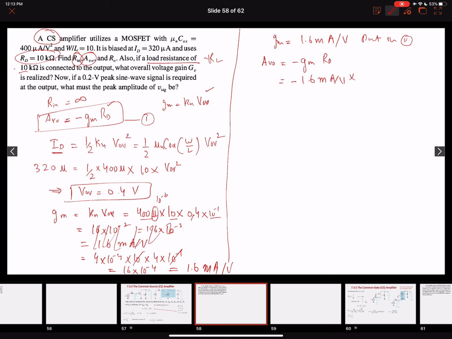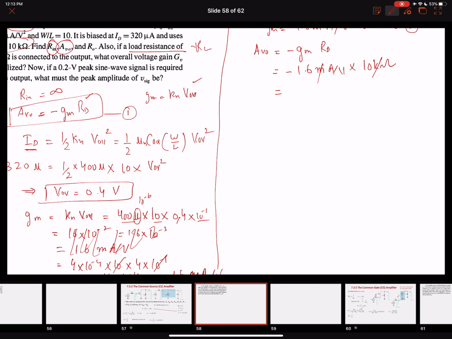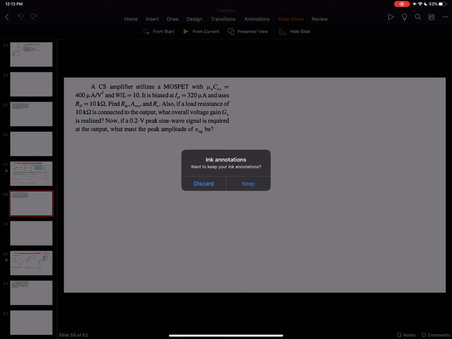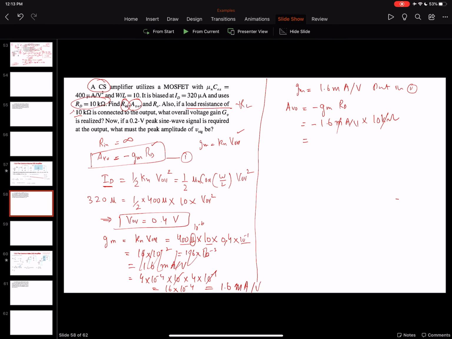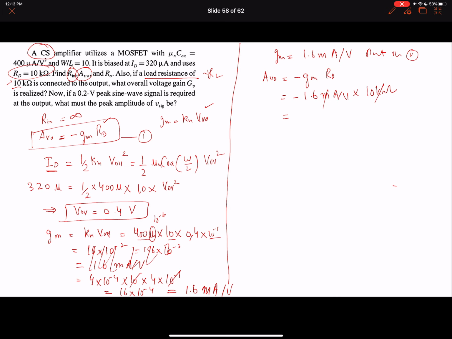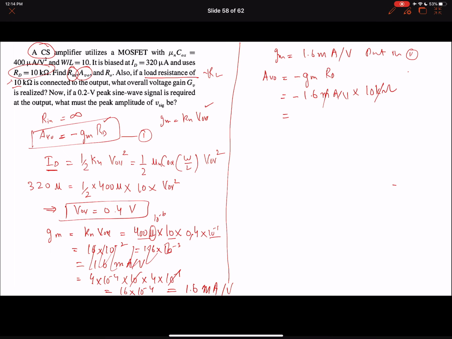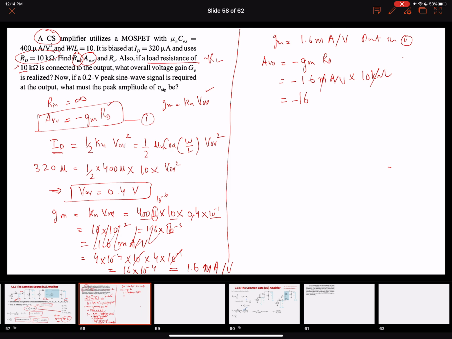RD is 10 kilo ohms, so milli times kilo. It comes out to be minus 16 volts per volt. So this is the open loop voltage gain that we ended up calculating.